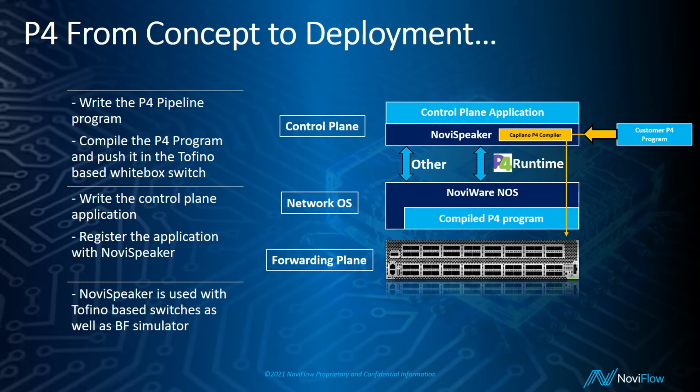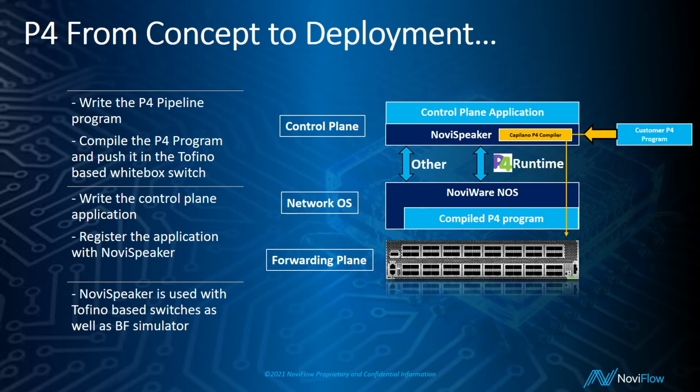NoviSpeaker is actually a client that connects to the switch and maintains that connection throughout the life of the switch. It provides the northbound connection for business applications and southbound to control the switch at the runtime. So basically, state machine wise, the switch first boots, then NoviSpeaker connects to the switch.